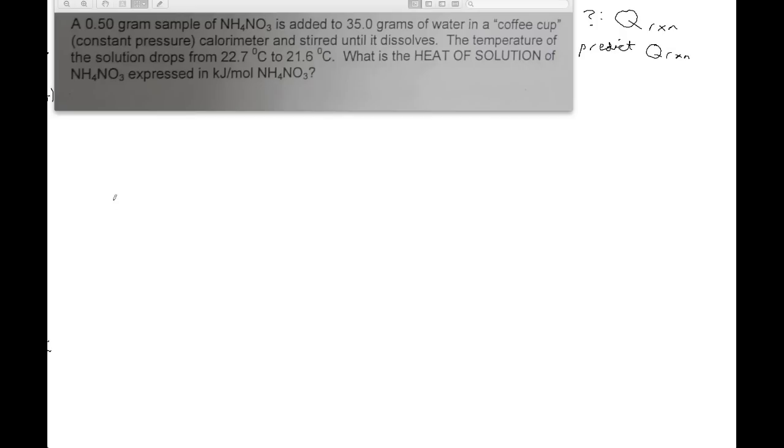Now we have, let's see, nitrogen is 14 times 2 is 28. 48 plus 28 plus 5 is equal to 81 grams per 1 mole. So 0.5 divided by 81 is equal to 0.0062 moles NH4NO3. Now we have 35 grams of water.